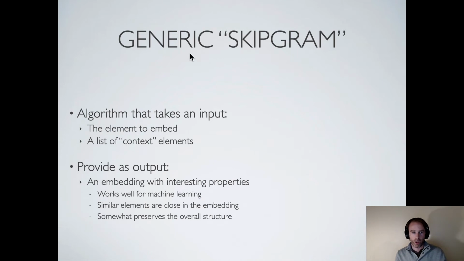So skipgram is a generic algorithm that takes an input, the element to embed, and a list of contexts. If I give you these elements to embed and contexts, then you can apply the skipgram algorithm and it will return you an embedding. It's exactly the same algorithm which is used for words, but it can be used for other things.